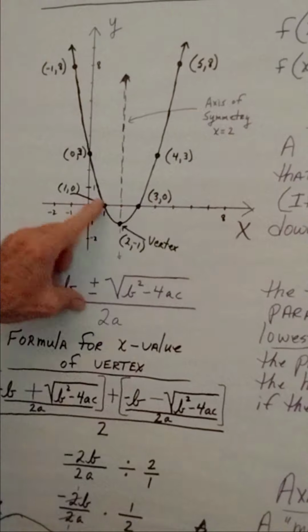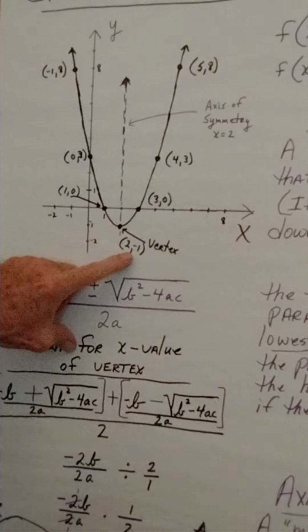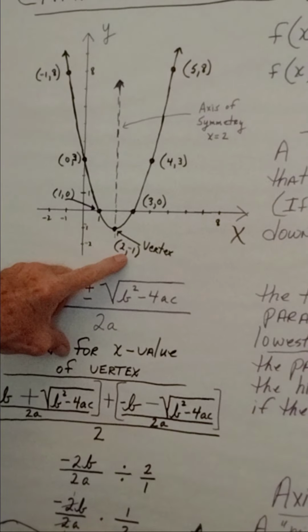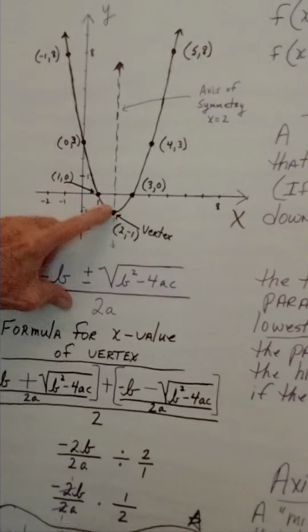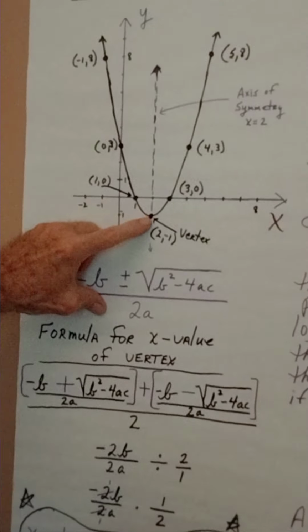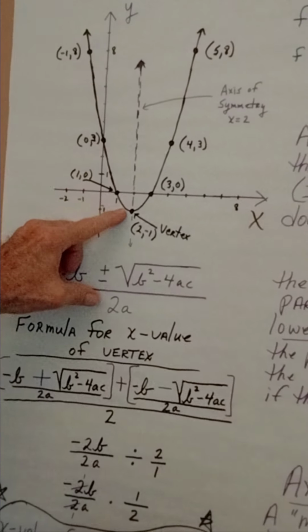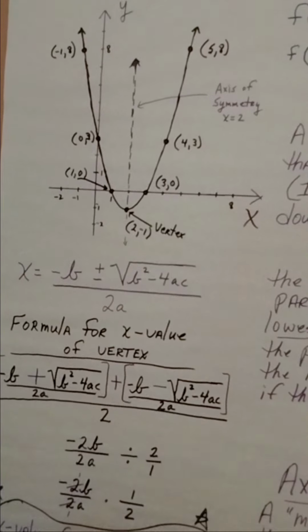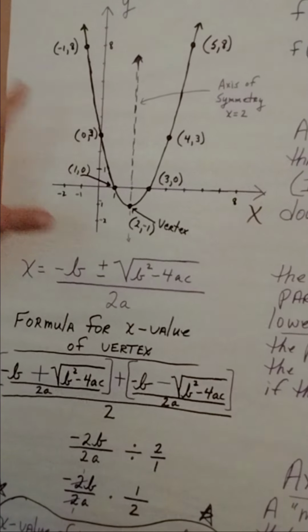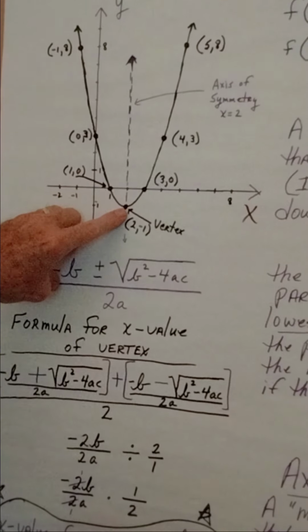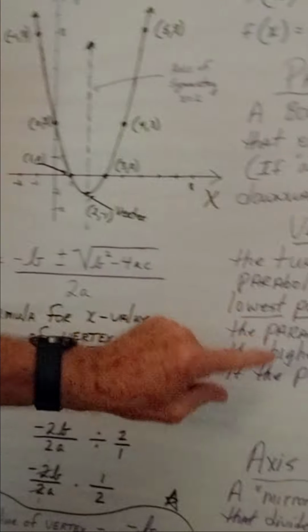In this graph, the vertex happens to be the point (2, -1). Don't worry about that ordered pair yet. Just be concerned about the fact that the vertex is the turning point of the parabola. If the parabola opens upward, the vertex is the lowest point on the graph.